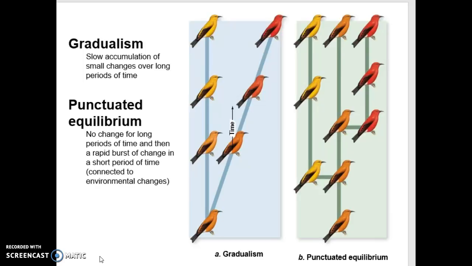Populations will go back and forth. Species may be going through gradualism for millions of years and all of a sudden go to punctuated, and then the environment stabilizes for millions of years and they go back to gradualism. But these are the two general patterns of evolution we see, or the pace of evolution we see in populations.